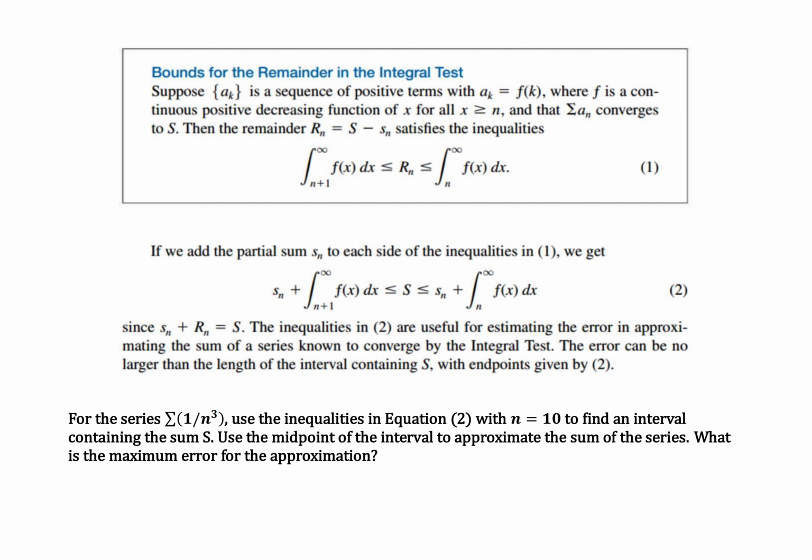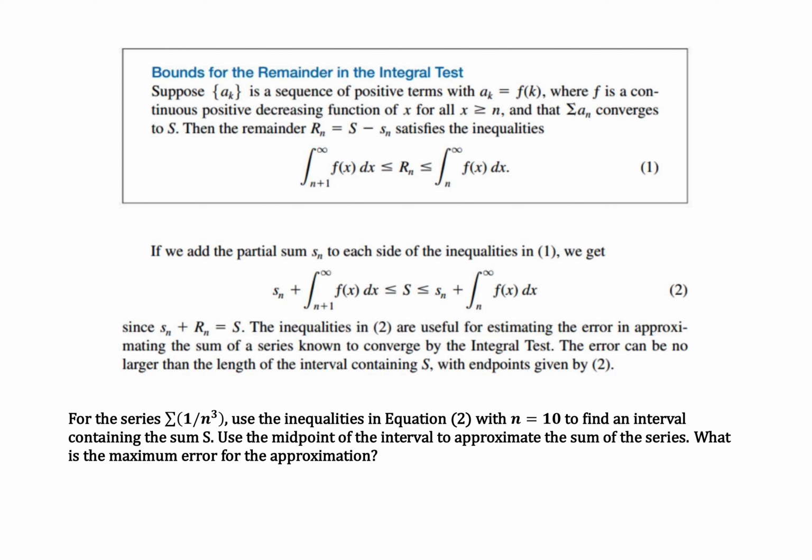To wrap up this section, we're going to look at bounds for the remainder. When we are looking to find the sum of a series, we're looking at the limit of a partial sum.